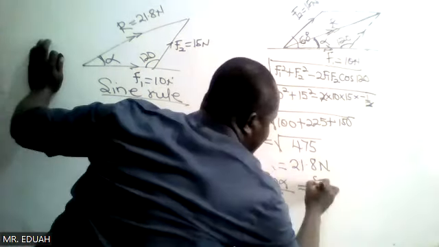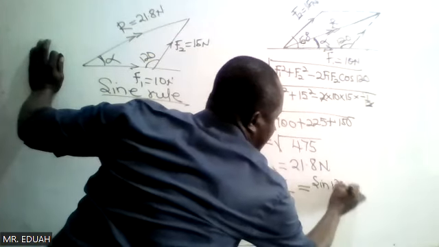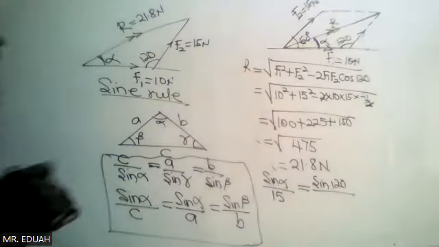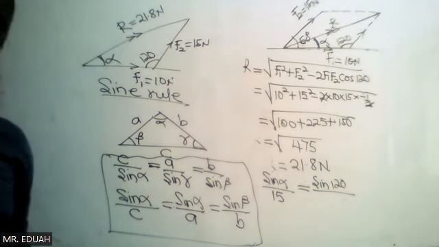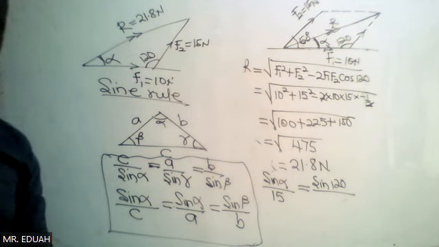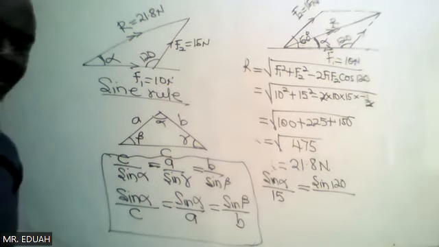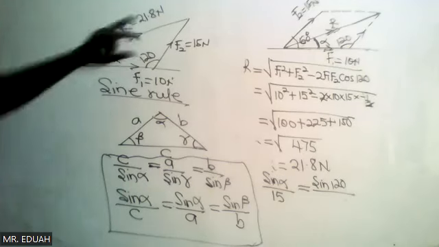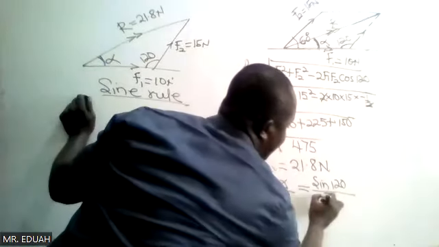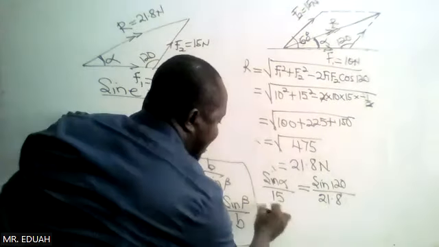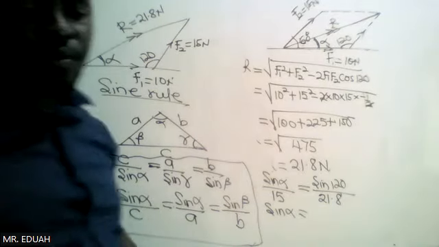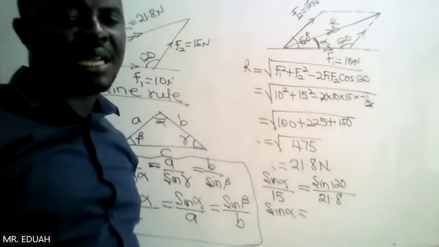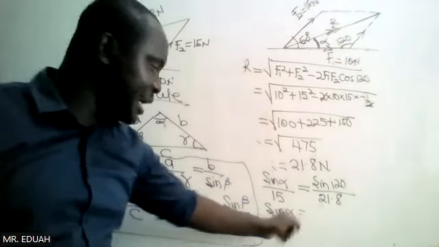So sine 120 divided by 21.8, exactly the resultant force, 21.8. Let's make sine alpha the subject from what we have.